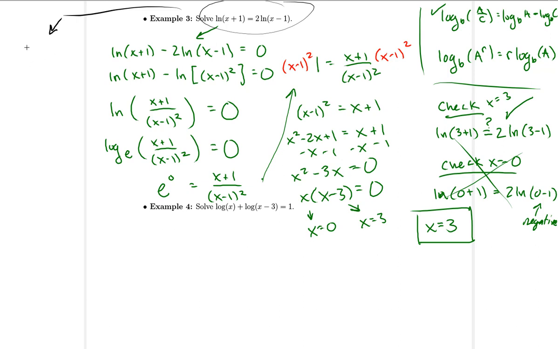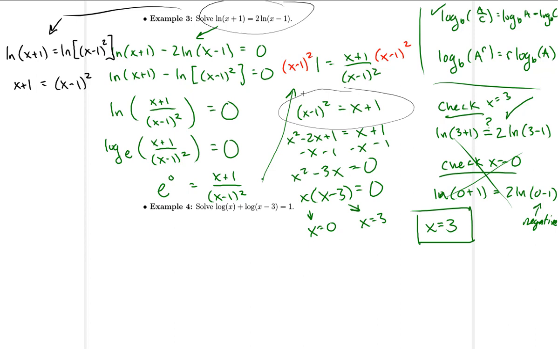So using that idea, if I had just left these logarithms both on their respective sides, but I applied the power rule to the right side, the moment that I get it as the log of something equals the log of something else, because it's a one-to-one function, you can just drop the natural logs and just have x plus 1 equals x minus 1 squared, which is exactly where we ended up here after quite a bit of effort.